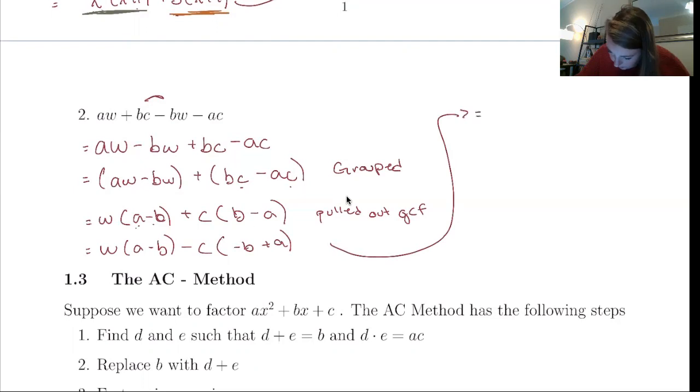You can always pull out a negative 1. But now, just to make it look nice, instead of writing negative B plus A, I can just say A minus B. That's the same. And now, since I've done that, I can pull out A minus B.